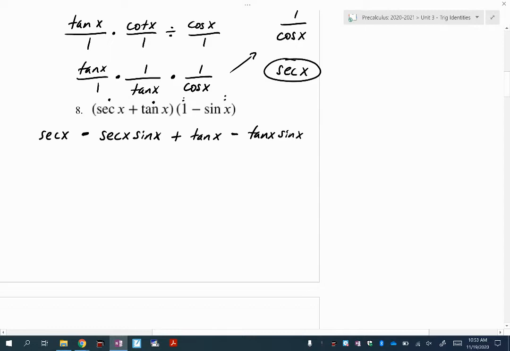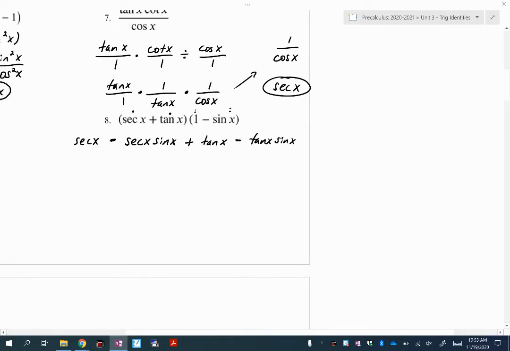Now, one of the strategies that I mentioned to you guys earlier in this unit is to go ahead and, when in doubt, change things to be sine and cosine. So I'm going to change all of these to be sine and cosine. So secant x is 1 over cosine of x minus, secant is 1 over cosine of x times sine of x over 1 plus tangent of x.